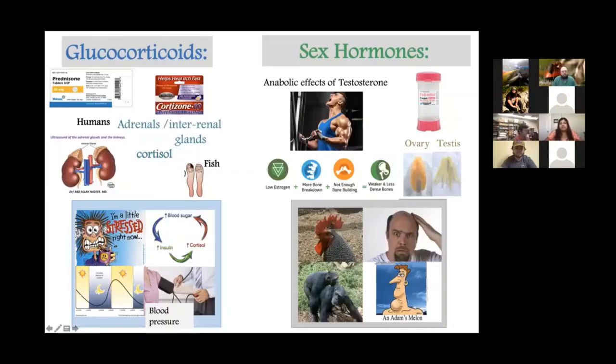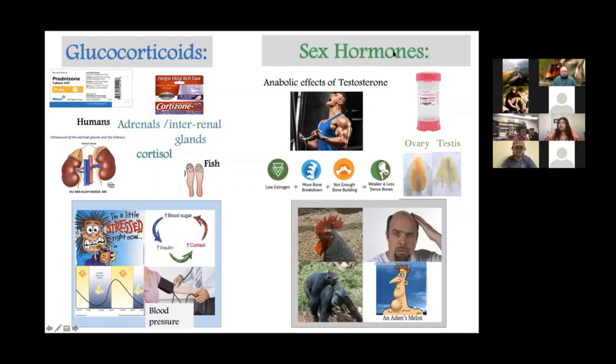In fish, they have interrenal glands. Among corticosteroids in humans and fish, the major corticoid is cortisol. It's the one that regulates the stress response, and so it's used for stress tests, for example.